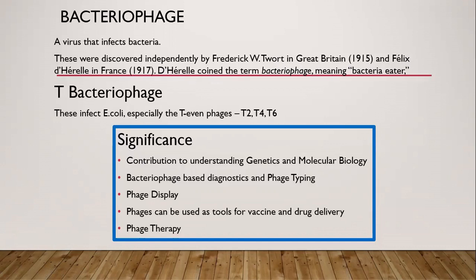T phages are a series of virulent phages that infect the bacterium E. coli. They cause a cessation, that is, they stop all bacterial metabolism on infection. E. coli is a host cell for the T-even phages, that is T2, T4, T6.